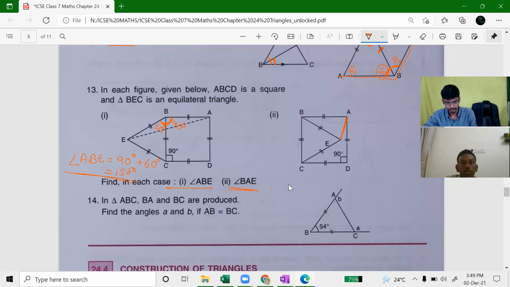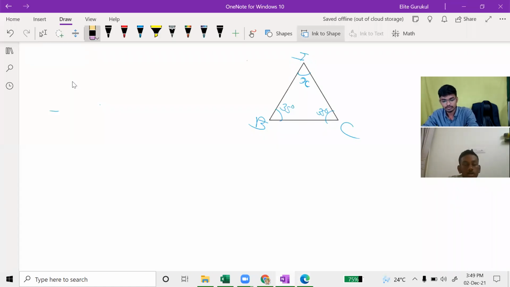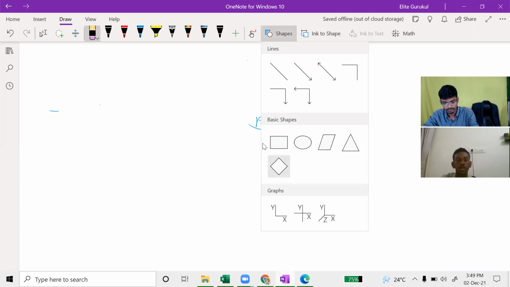I will tell you how to do it. There is one square.